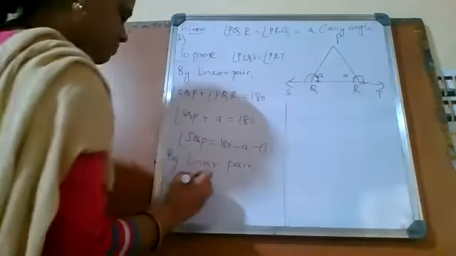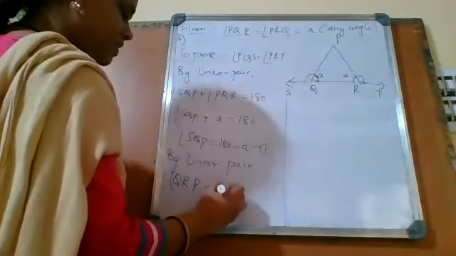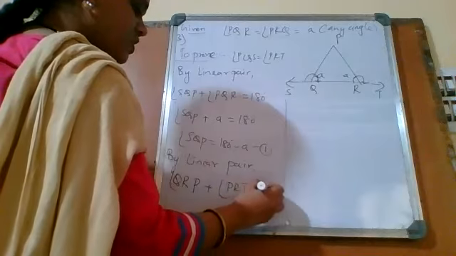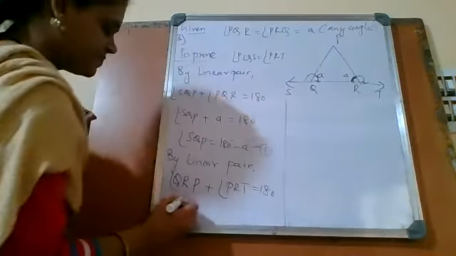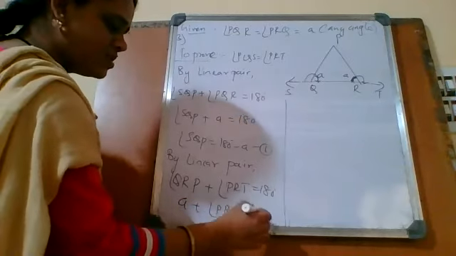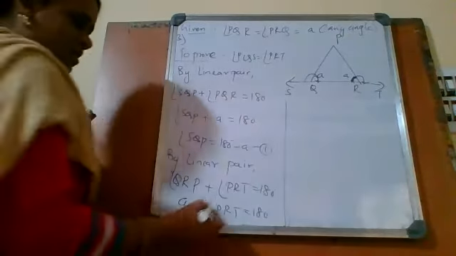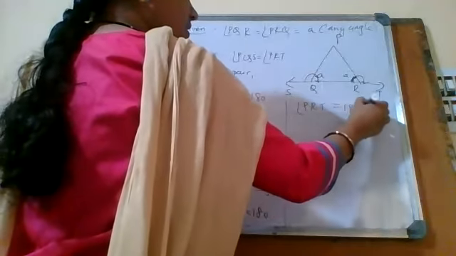QRP plus PRT must be equal to 180 degrees. But what is this angle? This angle is given. a plus PRT must be equal to 180 degrees. Now, PRT is equal to 180 minus a.